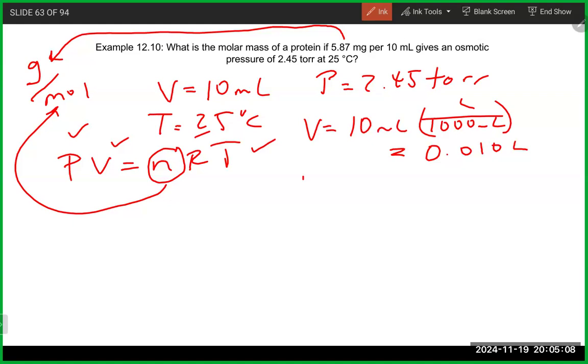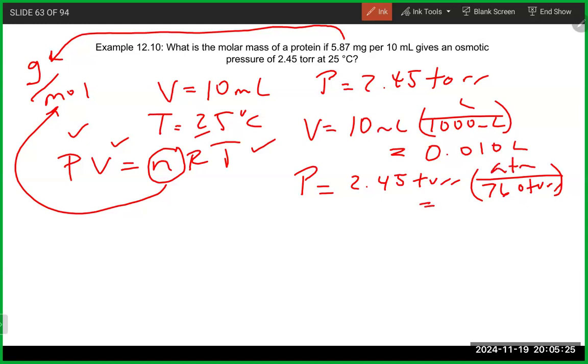We also need to convert our pressure into atmospheres. 2.45 torr, using 760 torr per atmosphere, is 2.45 divided by 760, which gives us 0.00322 atmospheres. And lastly, like all gases, we add 273, and that gives us 298 Kelvin for our temperature.